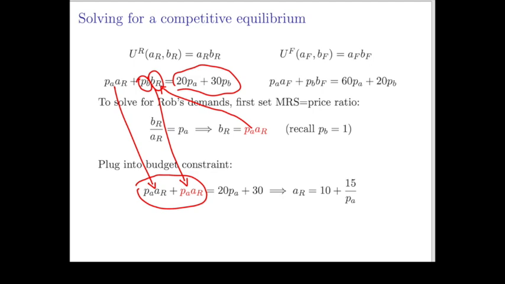In other words, 2 times PA times AR has to equal 20 PA plus 30. So let me just write that down here: 2 PA times AR equals 20 PA plus 30. We can divide through by 2 times PA.